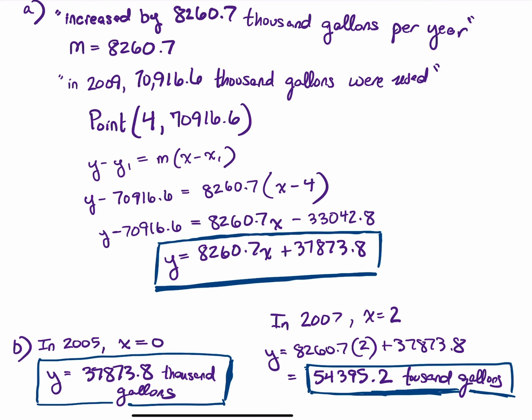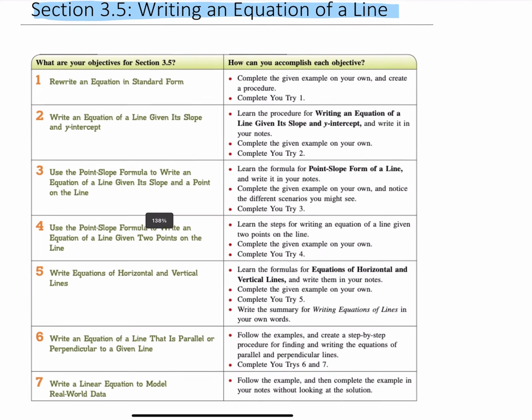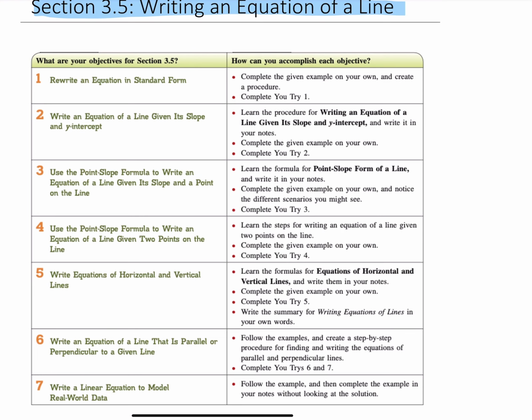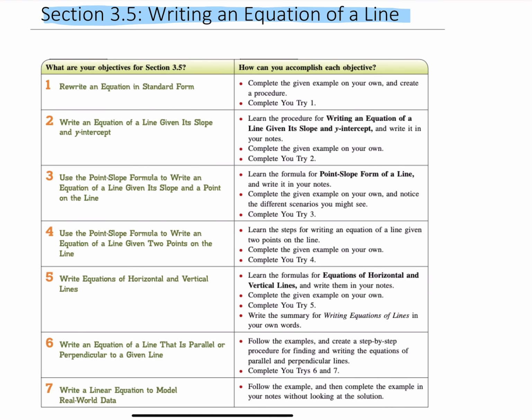All right, that's it for this section. So we looked at writing the equation of a line in standard form, that was ax plus by equals c. We wrote the equation of a line given its slope and y-intercept, and that was using slope-intercept form, y equals mx plus b.